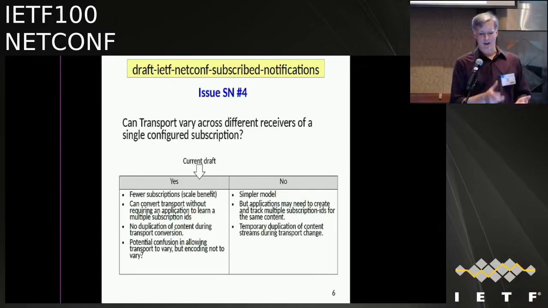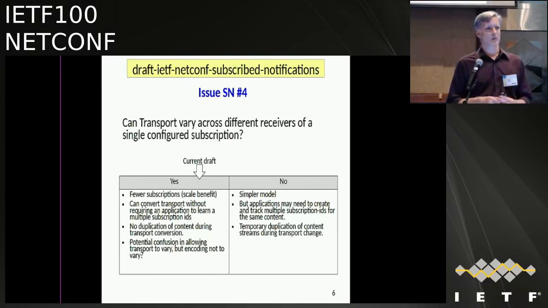So there's value in some cases in having an extra transport configured for a receiver rather than a single transport for the whole subscription. The current draft has that as a benefit, but it is also possible to not allow transport to vary by receiver. This makes for a simpler model, but it does have extra complexities on the application side.